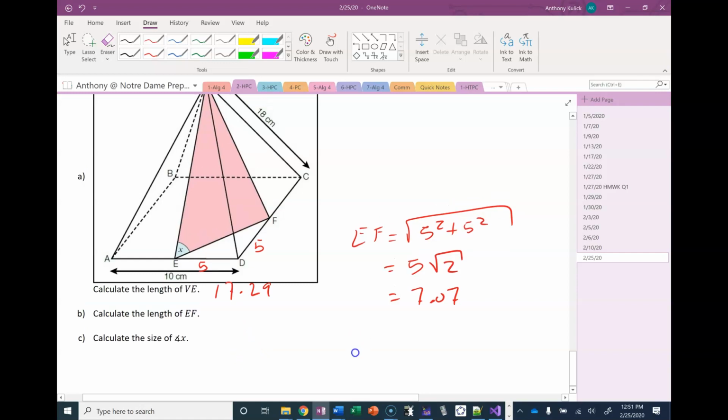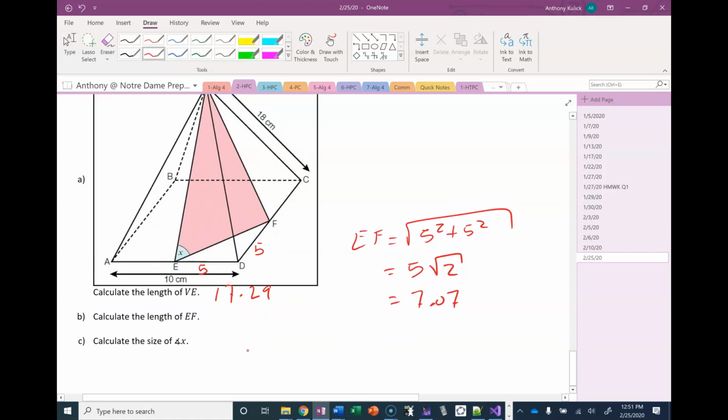VF squared is equal to VE squared plus EF squared minus 2 VE times EF times cosine of x.